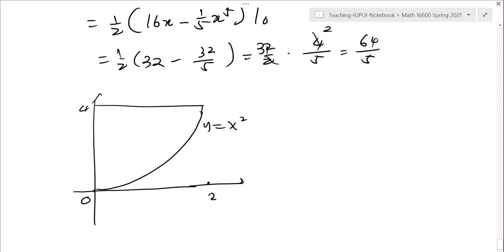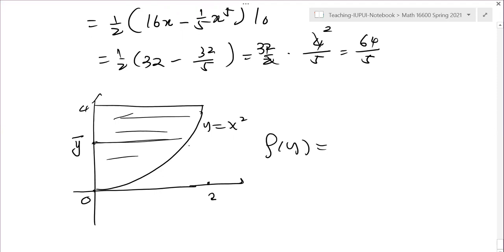I just want to find the center of y, y bar, so what I do is collapse all the material onto the y axis. The density function right now is going to be rho over y.